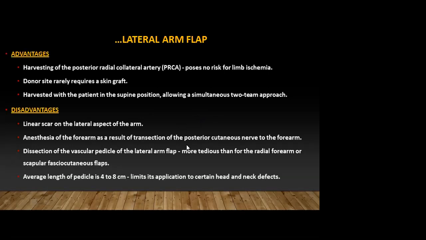Technically, the dissection is difficult. And the last one is that the average length of the pedicle is 4 to 8 centimeters. So the pedicle length is comparatively less compared to the radial forearm flap, and it is one limitation for its use in certain head and neck defects.